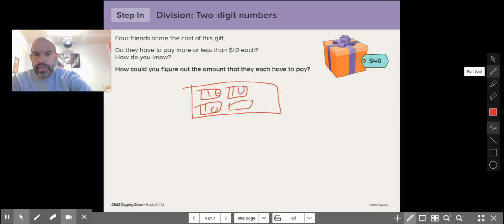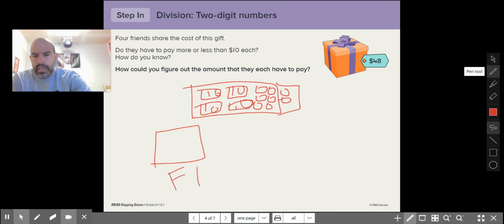These are not very pretty $10 bills, just a heads up. And then we could do $1, $1, $1, $1, $1, $1. And I think this needs to go a little bigger. $1, $1. Okay. So then we could say each friend has to pay.